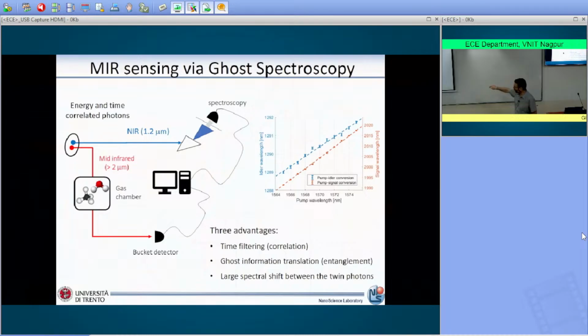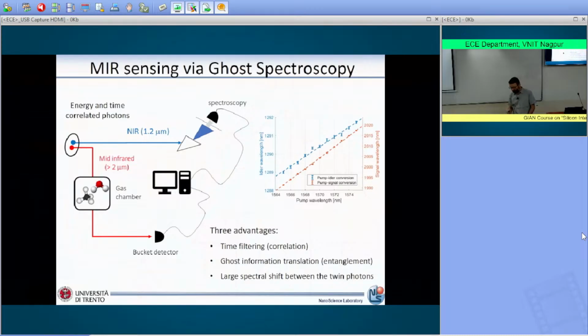And so by using the entanglement, you are translating the spectral information from the near infrared to the mid-infrared. Doing a spectroscopy on the near-infrared photon is the same as doing the spectroscopy on the mid-infrared photon. Therefore, you avoid doing the spectroscopy on the mid-infrared photons, and you do it only on the near-infrared photon, where you have low-cost systems.